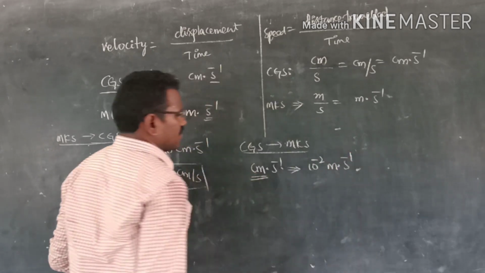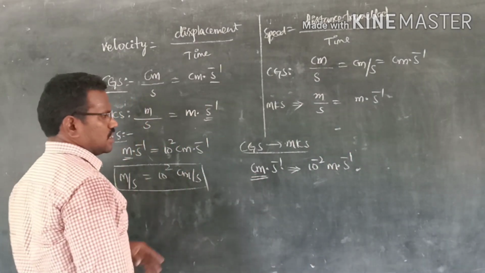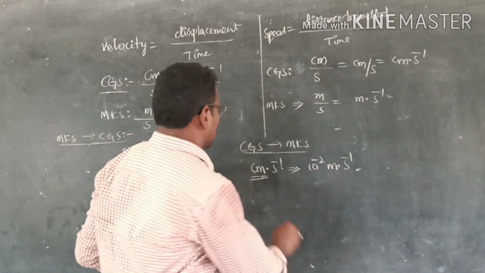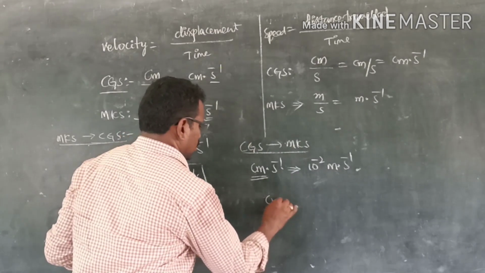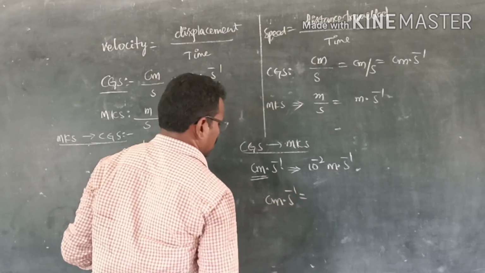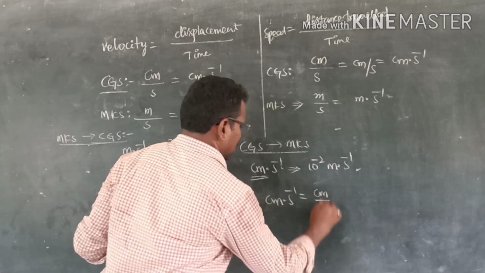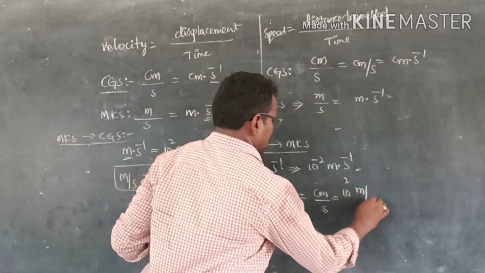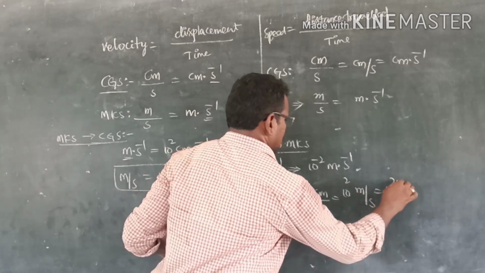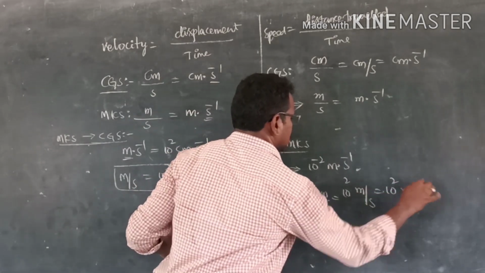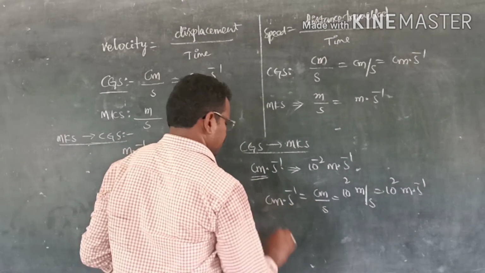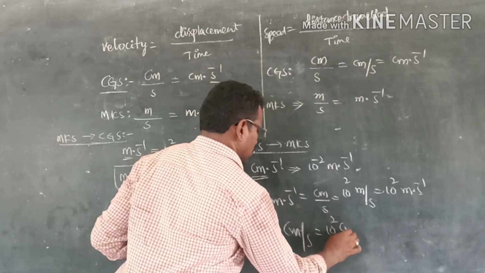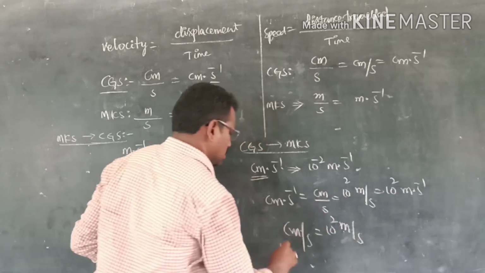As usual, second power minus 1 has no change, because the CGS unit of time and the MKS unit of time are both second. So centimeter per second is equal to 10 power minus 2 meter per second.